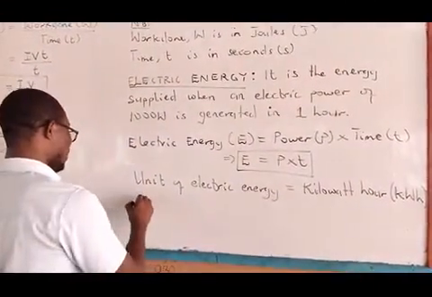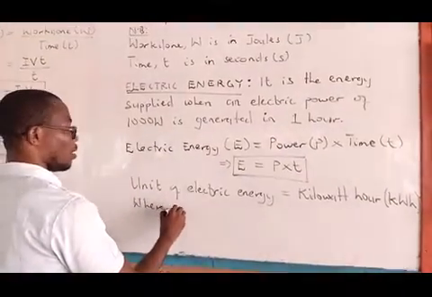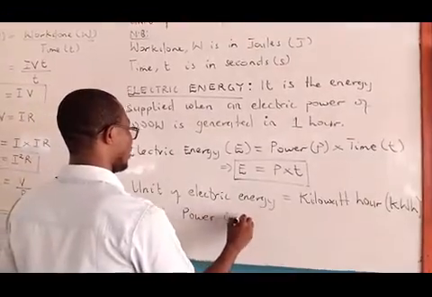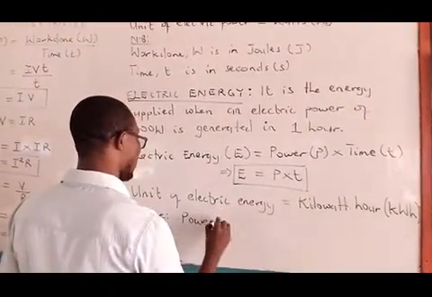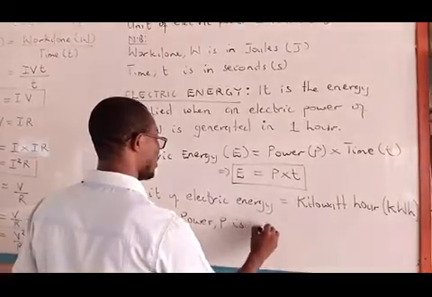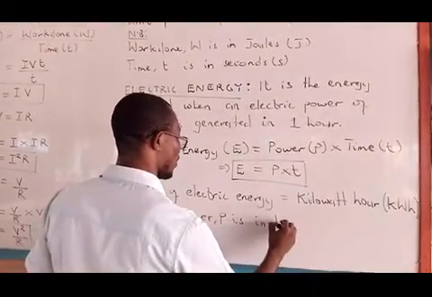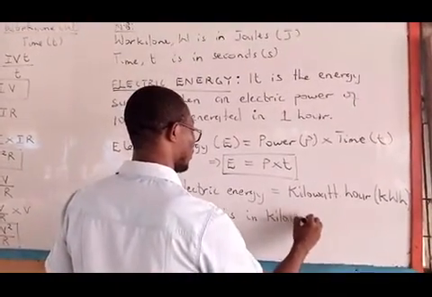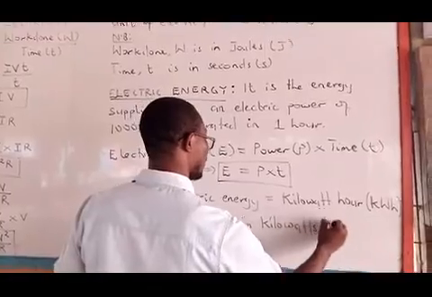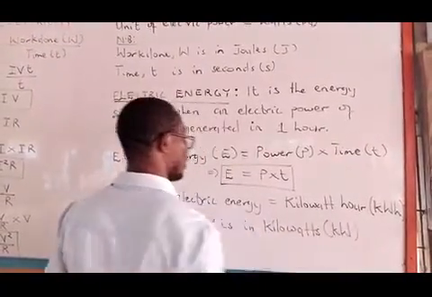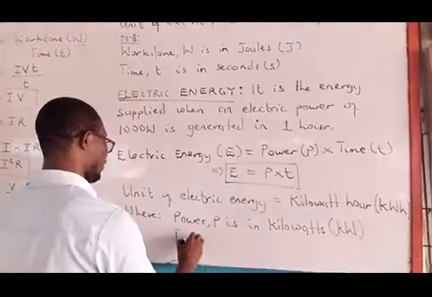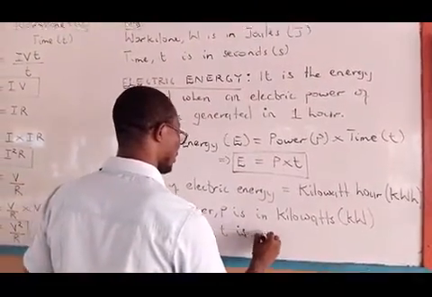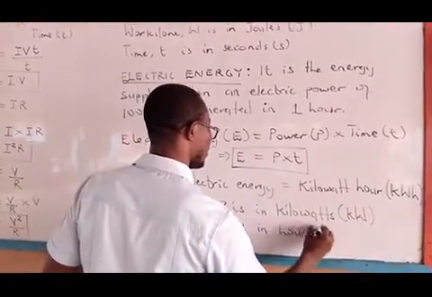What it means is that where power P is in kilowatts, kW, and the time T is in hours.